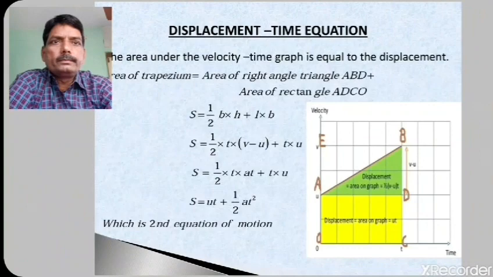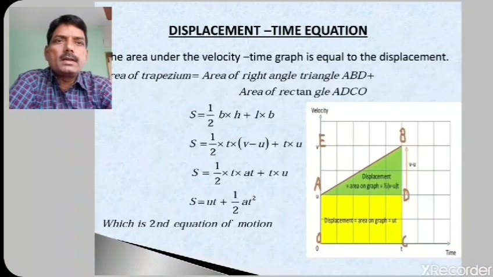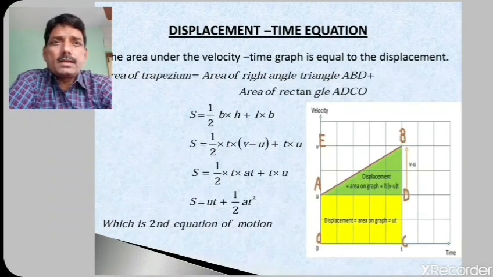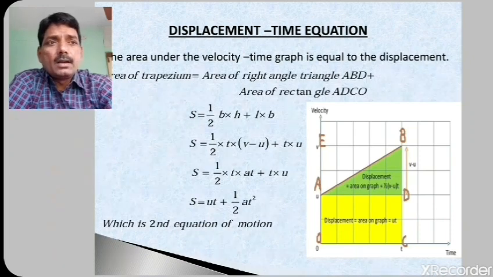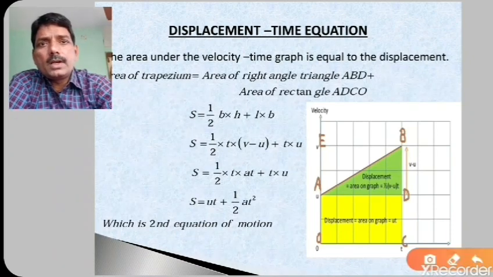The second equation of motion is called the displacement-time equation. Now, in the previous class we derived the definition of displacement. What is displacement? Suppose you have gone from this point to this point.